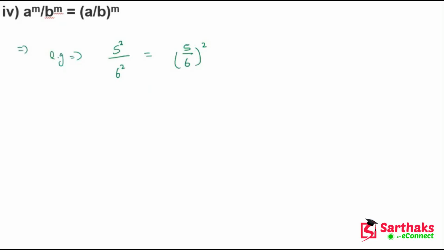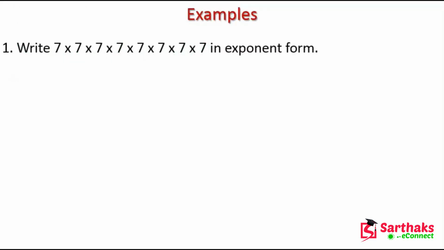I hope you understand these things, my dear friends. Now let's solve some problems so you can understand easily. Write 7 into 7 into 7 into 7 into 7 into 7 into 7 into 7 in exponent form.